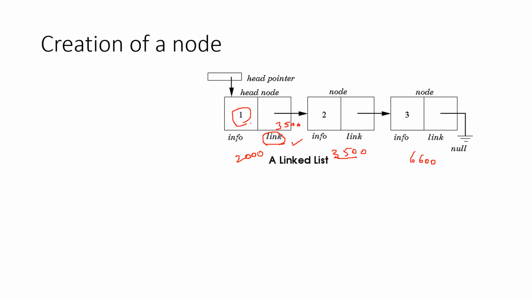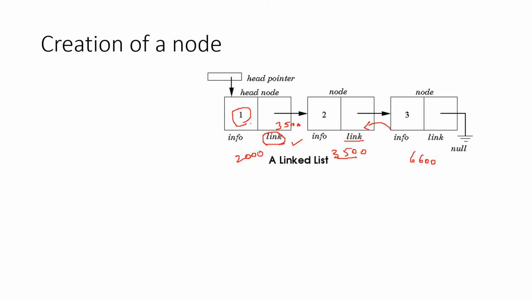And another thing, you just refer to all the nodes in the linked list. If a node has one more node next to it, then its link field will not be null, because it will store the address of the next node.